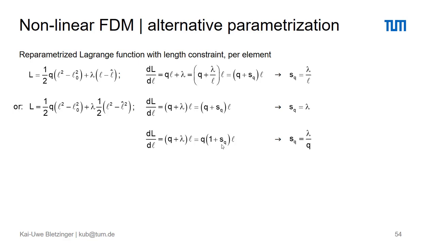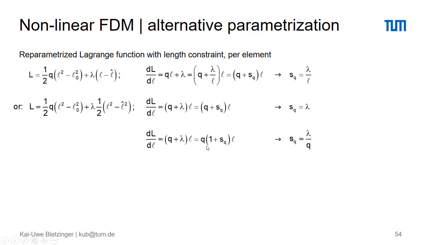That isn't so easily possible with this variant, because in this case we add something to the force density, and if you imagine that we have the same modifier for several different elements with different force densities, then of course it has a different effect if you add the same value to different force densities of different scale.